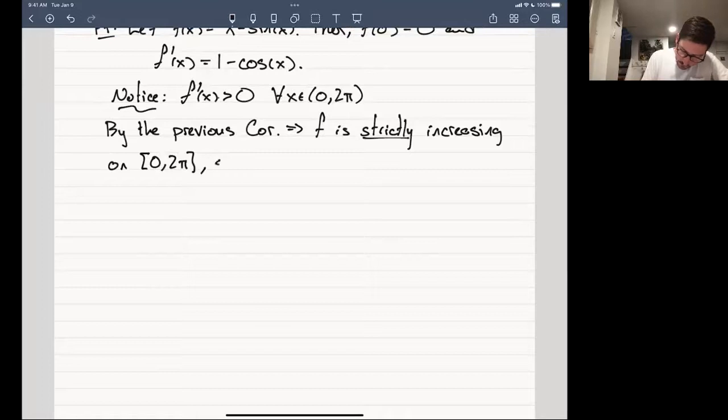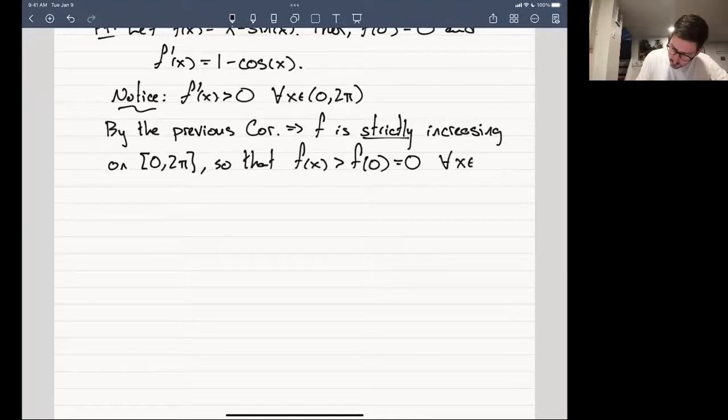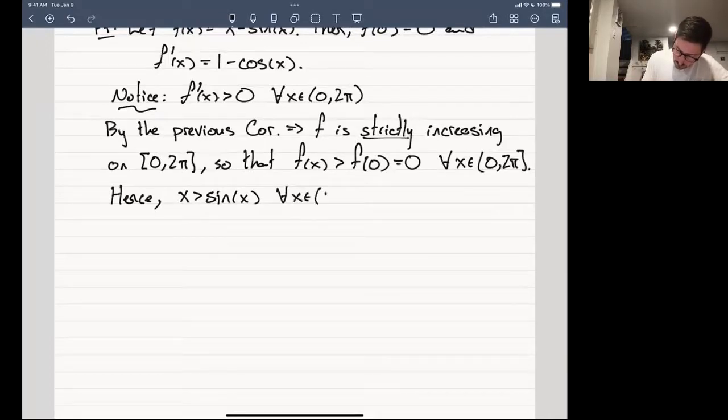And this tells me that f of x is bigger than f of 0, which is equal to 0, for all x in, let's say, 0 to 2 pi, excluding 0. Hence, since f is positive, this tells me that x is bigger than sine of x for all x in 0 to 2 pi, excluding 0.